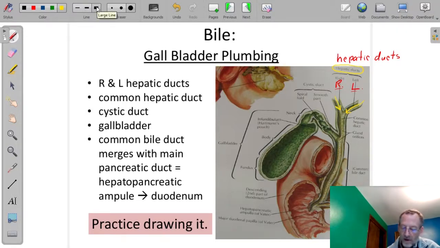Those then merge, and then we have a larger common hepatic duct, which again is indicated in the picture, but I'll write it larger.